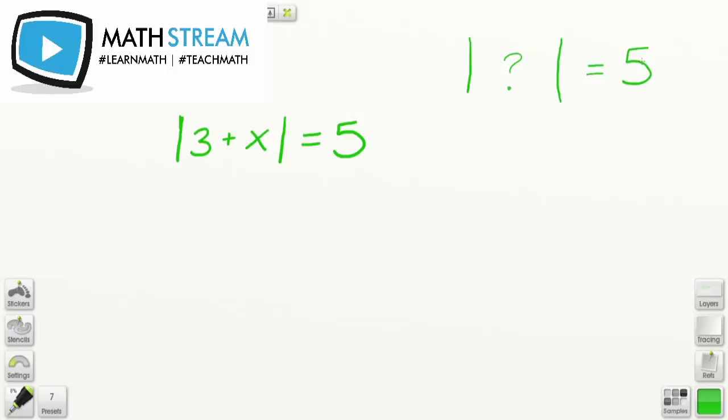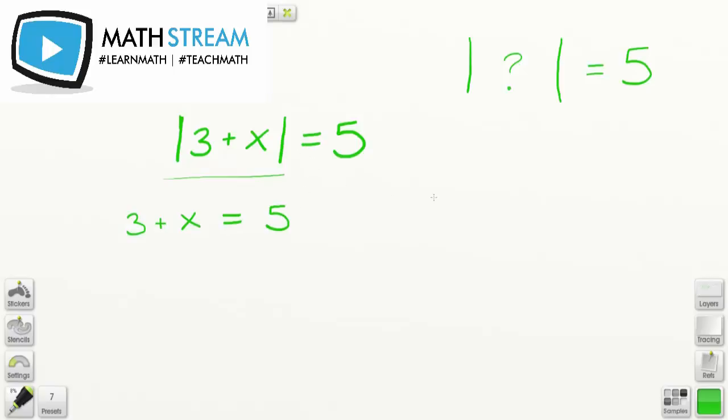So here's why this is a little bit different than the solving of other equations. We need to solve it 2 times. The first time I need to find out how to find the value of x if all of this stuff equals +5.